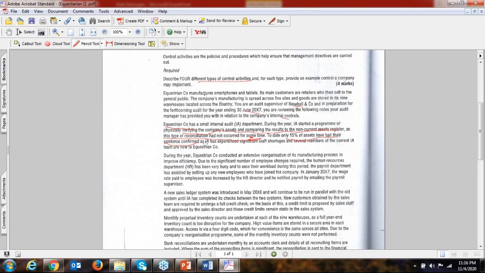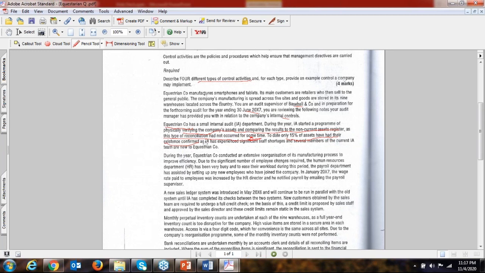Why is it a deficiency? Because the existence of the assets is not confirmed. This is the reason for the deficiency, and the impact is that it ultimately leads to overstatement or understatement of the non-current assets in the financial statements. Do you understand what I said? The deficiency is that only 15% of assets have had their existence confirmed. Why is it a deficiency?